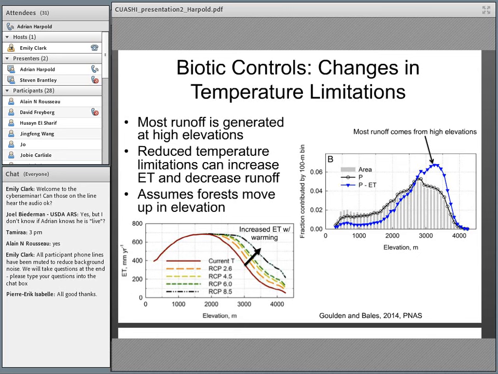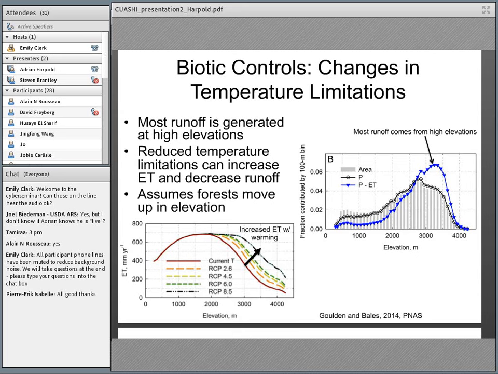And what you can see is that precipitation goes up, and evapotranspiration actually tends to go down at very high elevations. And so your water subsidy, your P minus ET, is mainly driven by these high elevation areas.